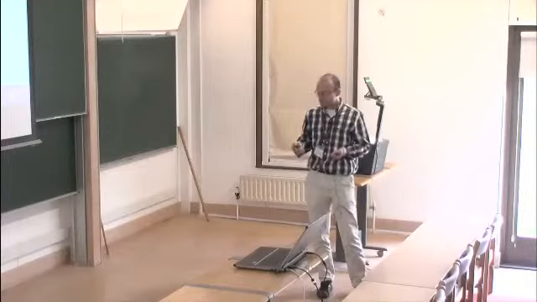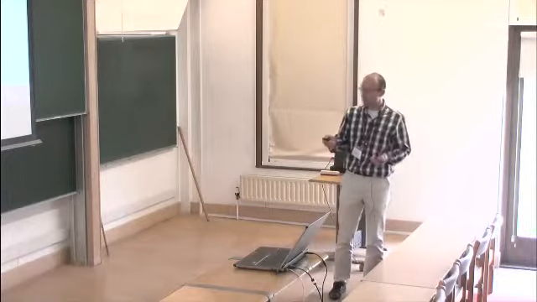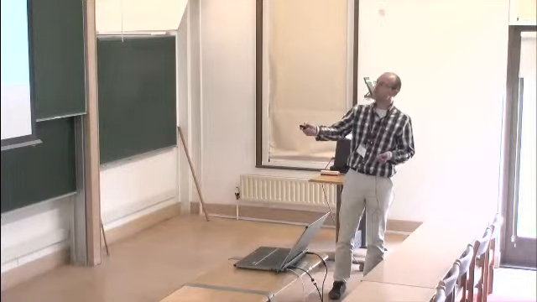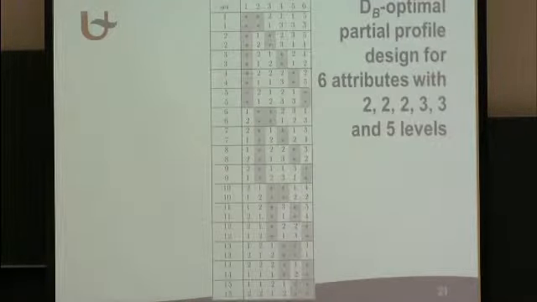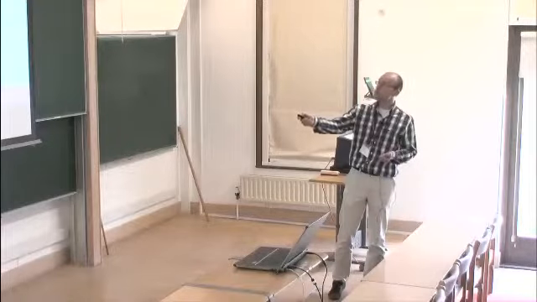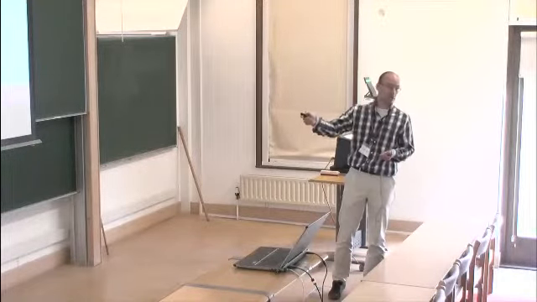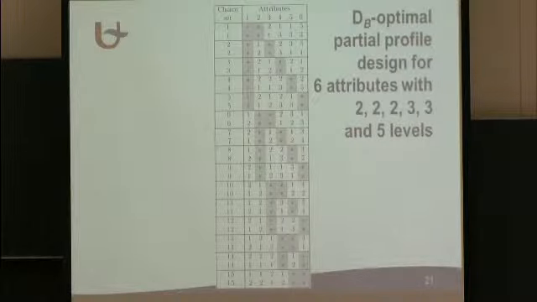set. So that's the balanced incomplete block design, and notice in the first block, in the first choice set, we have the numbers 1 and 2, and because of that, in our optimal choice design, the first 2 attributes are held constant. As you may see here, all the 4 other attributes have different levels in the 2 alternatives in the first choice set.